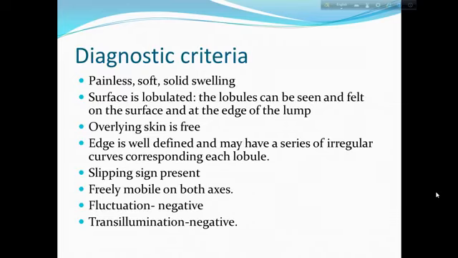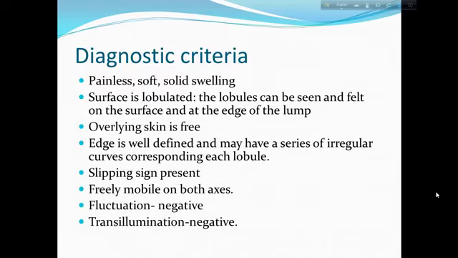Which means the lipoma is lobulated, and the overlying skin is free, and the edge is well defined and may be a series of irregular curves corresponding to lobules, and slipping sign is present. What is slipping sign? Slipping sign: when a finger is pressed over the edge of the swelling, the lipoma slips away from the finger.